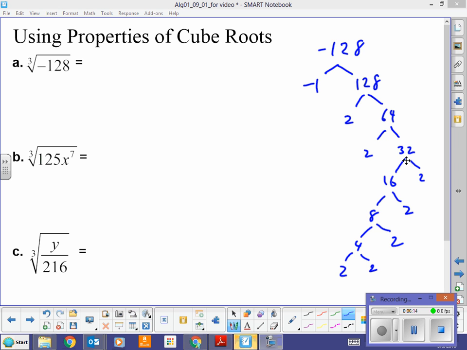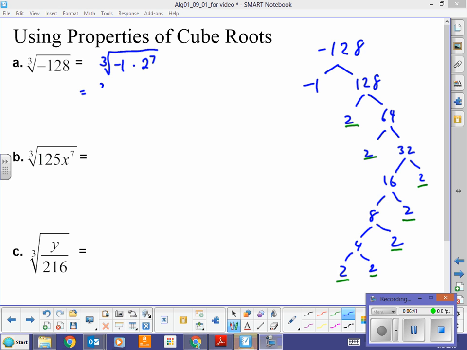Okay, so what do I have here? I'm going to keep track. 1, 2, 3, 4, 5, 6, 7. I've got 2 to the 7th power and negative 1. So I can think of this as the cube root of negative 1 times 2 to the 7th.